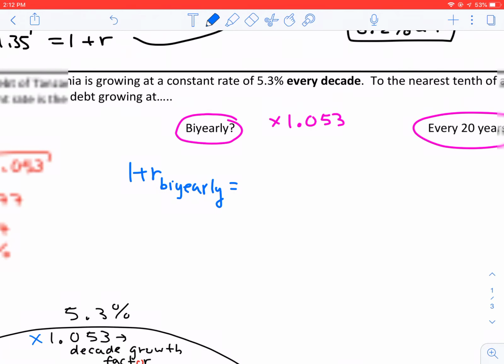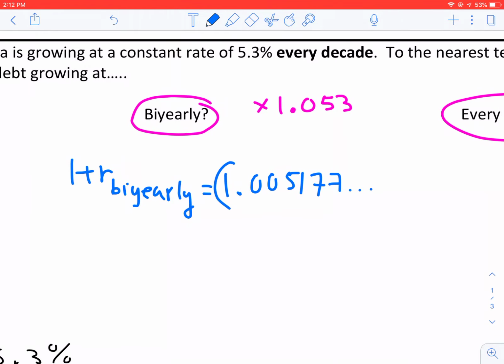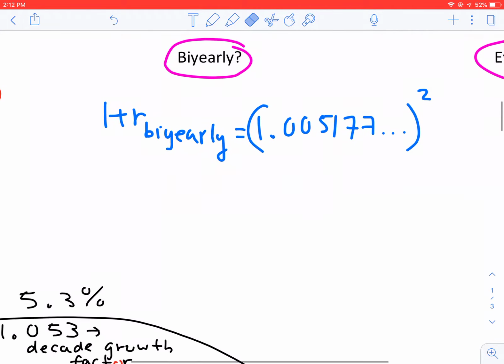So our yearly growth factor was 1.005177..., get as many decimals as you can. And so the bi-yearly means that times itself twice.